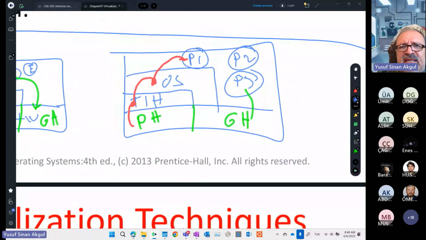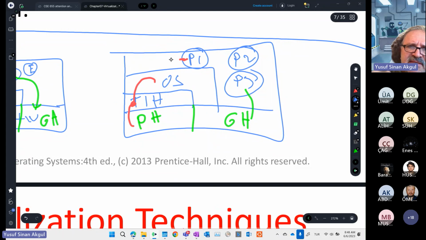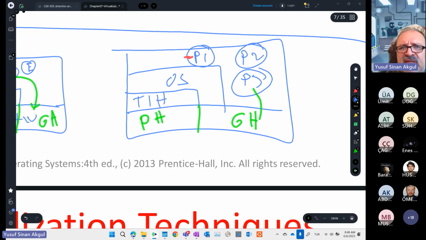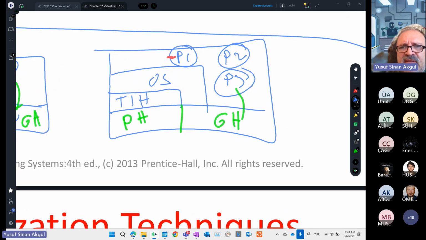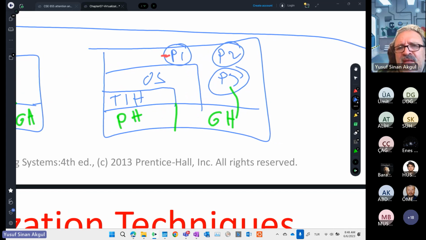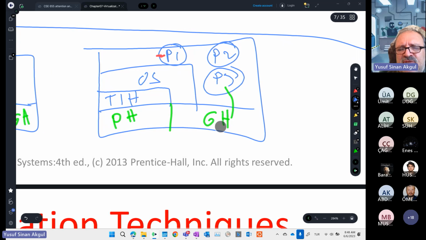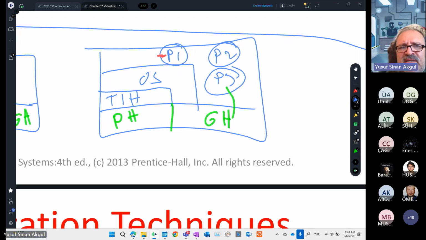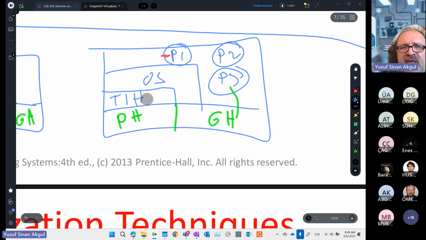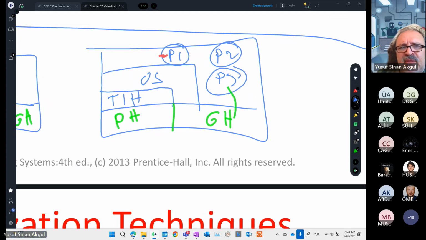Remember what I said yesterday? Let me erase this red stuff. Okay. This is the type 1 hypervisor. This is my operating system. These are my regular processes. This is general hardware, everybody is using it. But this protected, privileged hardware, only the type 1 hypervisor is using it.